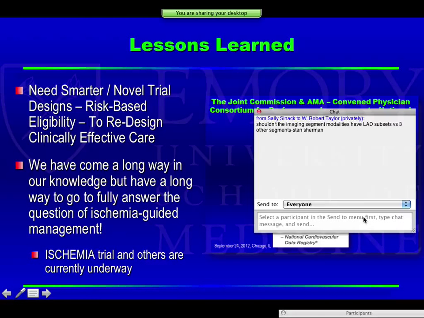So, Leslie, I guess I want to ask you two questions. One of it is in the category of stable ischemic heart disease, because those of us who are using the NCDR and the Action Registry, there's a real challenge in describing a population or a patient as stable versus unstable. And it probably has to do with progression of coronary disease.